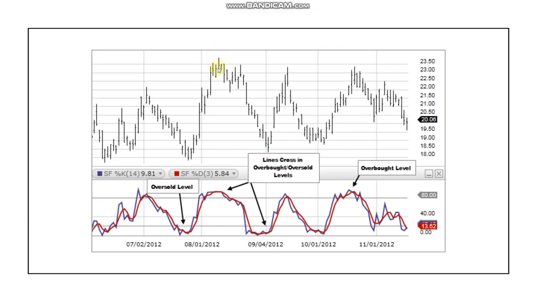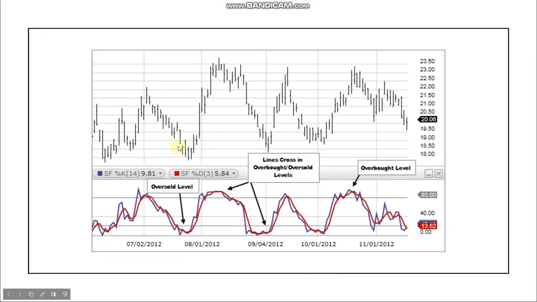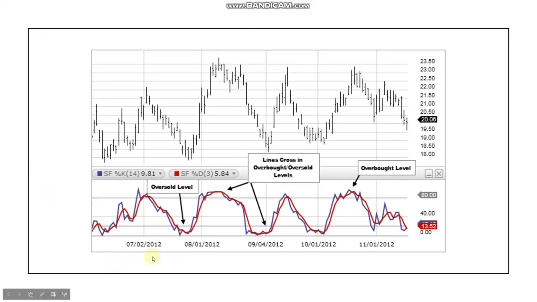So after reaching the overbought zone, you can be ready that okay, right now the market is in overbought zone, so soon enough market will be going down, because whenever market is in overbought zone, as I've already mentioned, market goes down. Whenever market is in oversold zone, market starts going up. So this is how stochastic works.